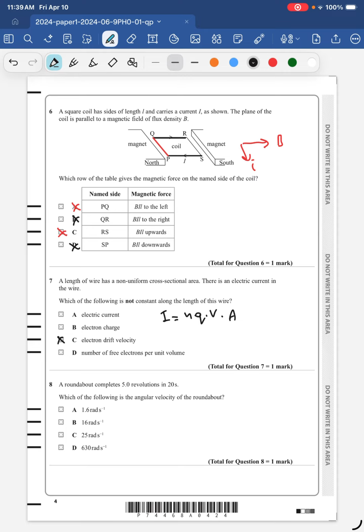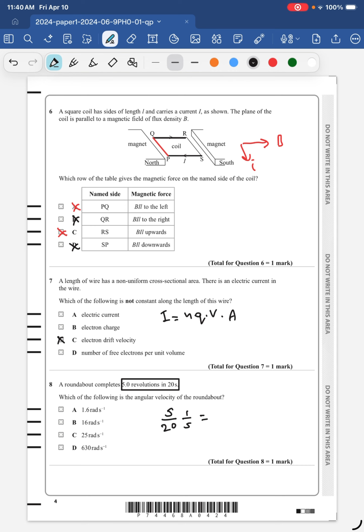Okay, question 8. A roundabout completes 5 revolutions in 20 seconds. Which of the following is the angular velocity of the roundabout? Okay, first of all, whenever you see an expression like this, you have to immediately think, oh, frequency, right? And why is that? Because you have 5 revolutions per 20 seconds, right?